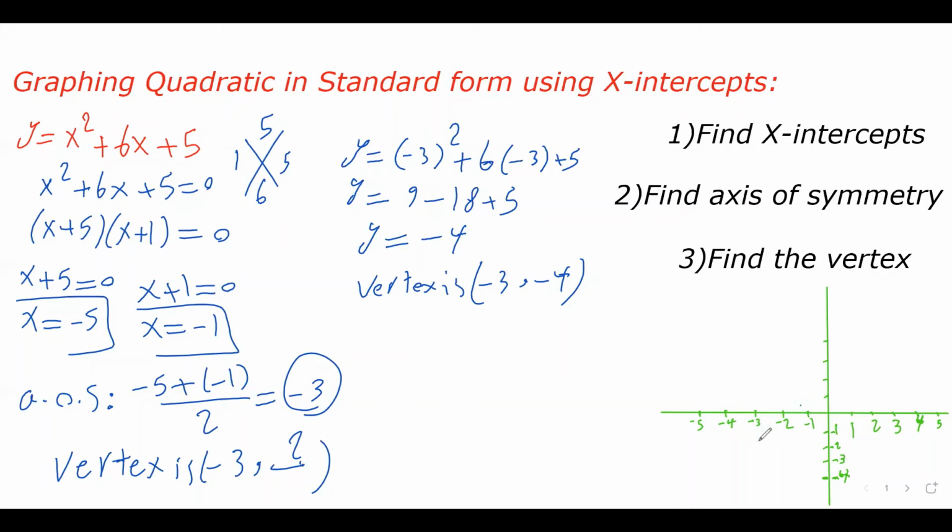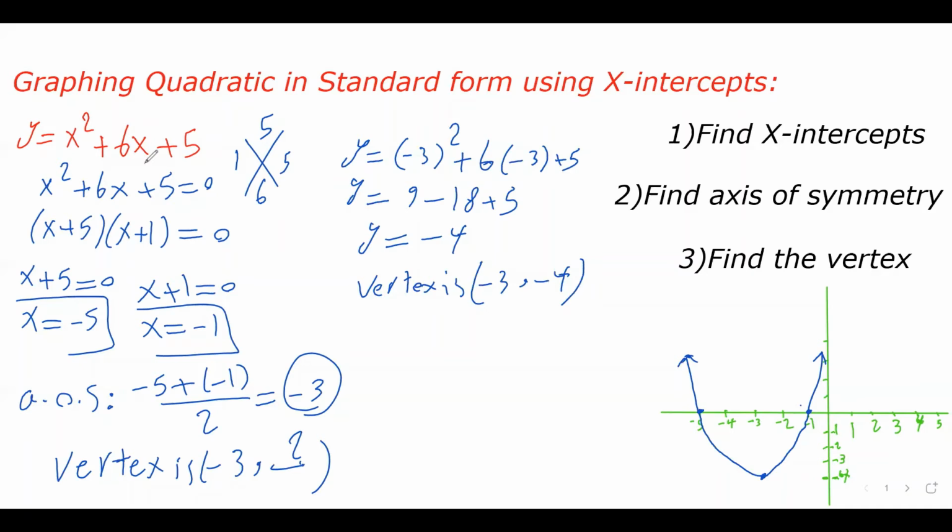That's -3. -4 is down here. So this is the vertex point. And the x-intercepts are -1 and -5. If I connect these points, this is the graph of this parabola, or quadratic equation.